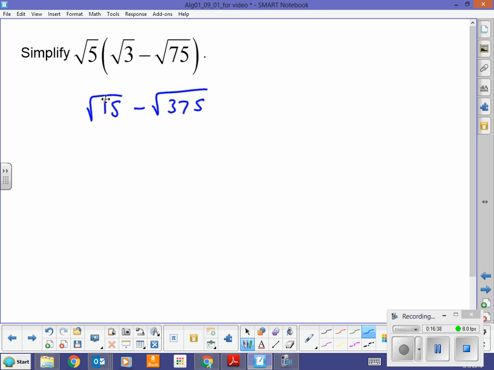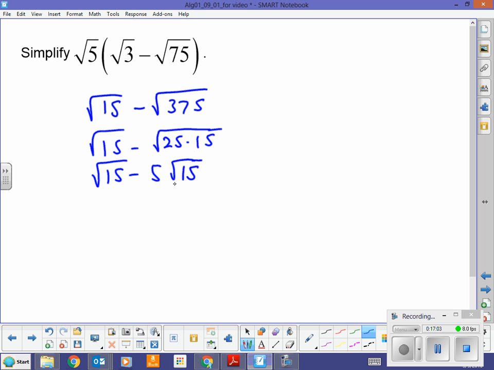So 15 I can't simplify, but 375 I can think of as 15 times 25. And then the square root of 25, of course, is just 5. So radical 15 minus 5 radical 15, negative 4 radical 15.